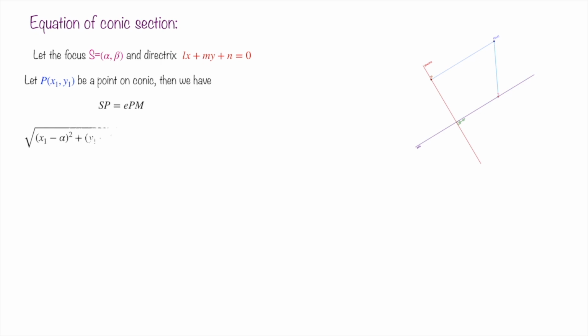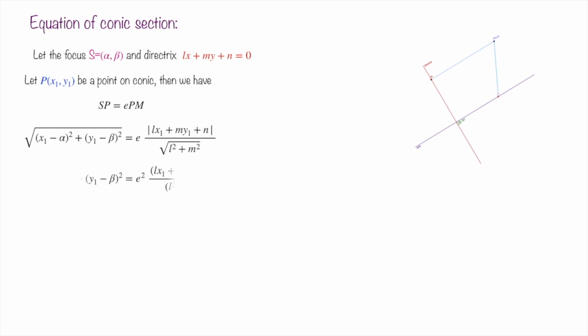So SP is going to be the square root of (x1 minus alpha) whole square plus (y1 minus beta) whole square, equal to e times PM, the perpendicular distance from (x1, y1) to Lx plus My plus N equal 0. This is going to be mod of Lx1 plus My1 plus N divided by the square root of L square plus M square.